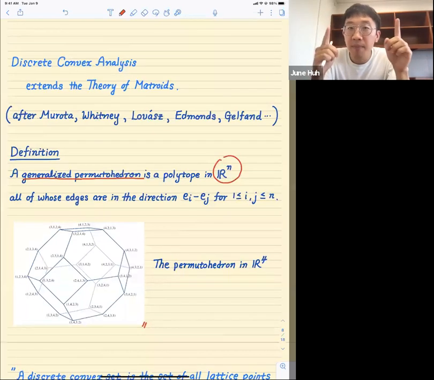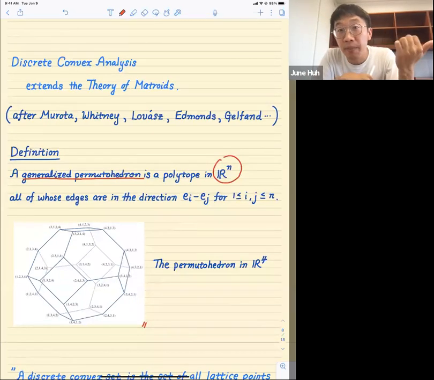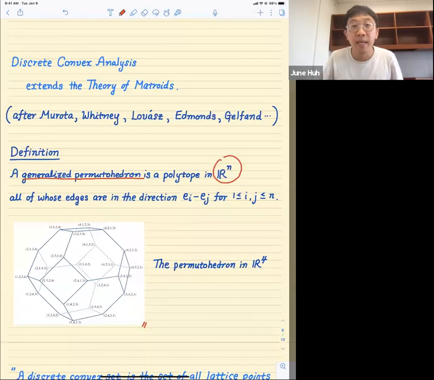That's the polytope known as the so-called basis polytope in matroid theory. And they noticed that, in fact, the whole axiomatization of matroid theory can be simply stated by saying that all the edge directions of this basis polytope are in direction e_i minus e_j.